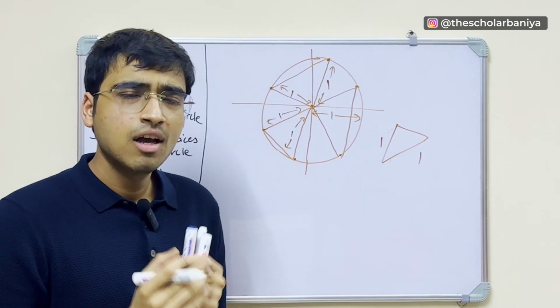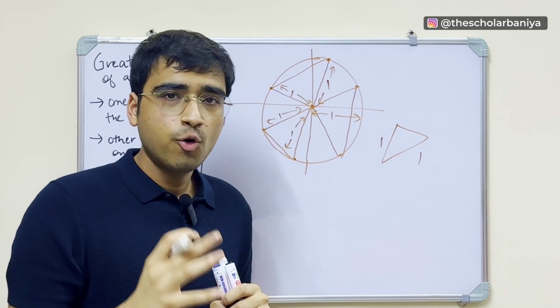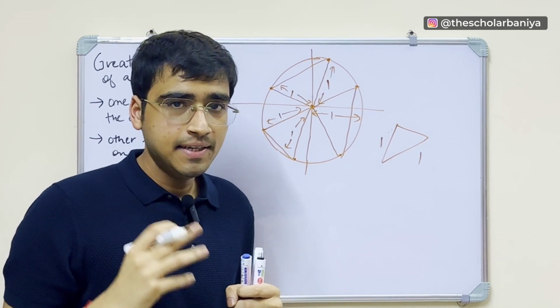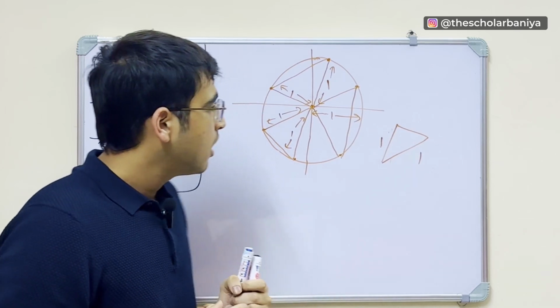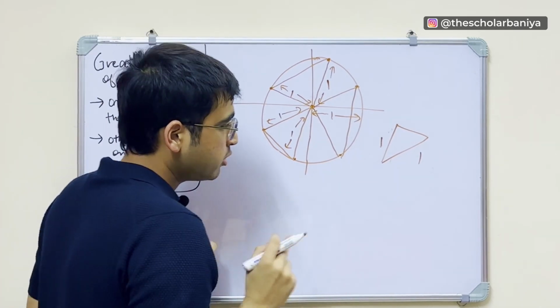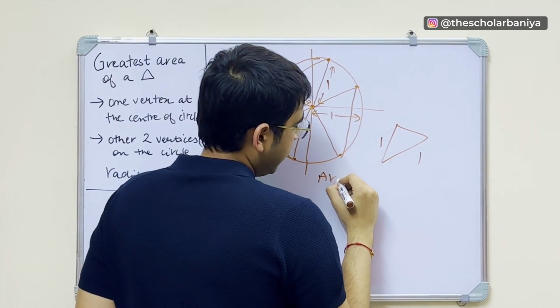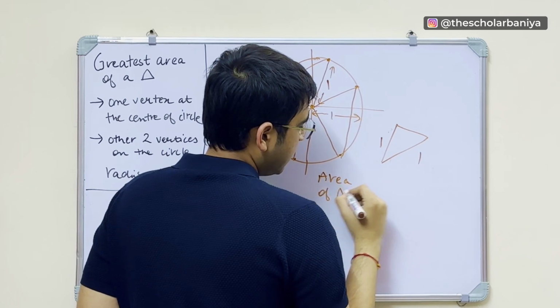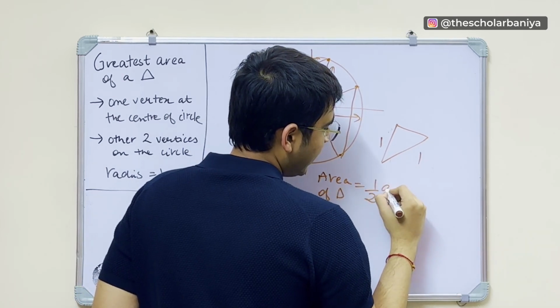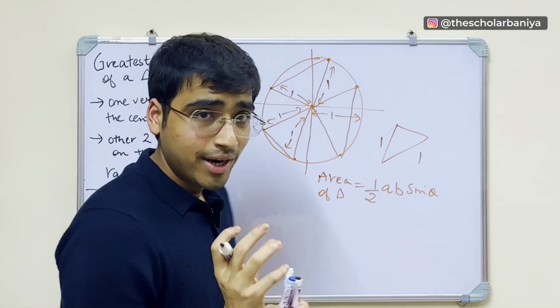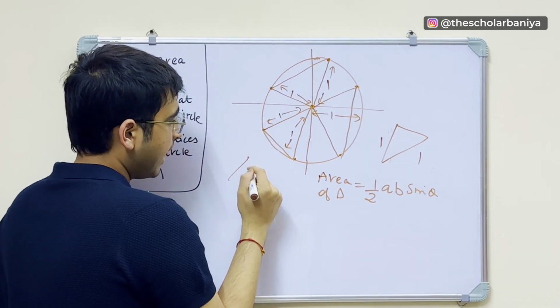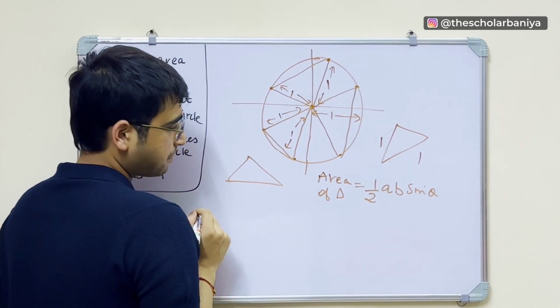Now tell me one thing, what is the formula for calculating the area of the triangle? We know one formula is half into base into height, but we also have one more formula, that area of a triangle is equal to half into AB sine theta, right? What this means is that, for example, we have a triangle, right?